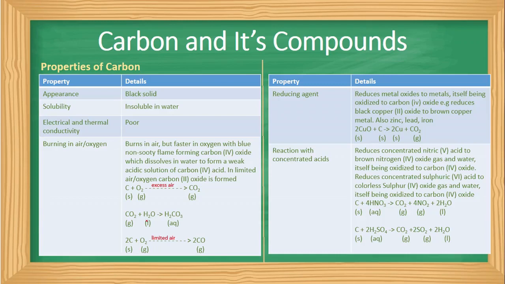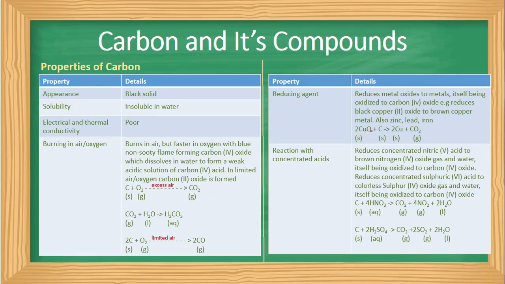Another property of carbon is that it is a reducing agent. So it reduces metal oxides to metals, and itself is oxidized to carbon 4 oxide. So what happens is that when it is reacted with oxides of copper, zinc, lead and iron, it deprives them of oxygen, and the metal is all that remains.